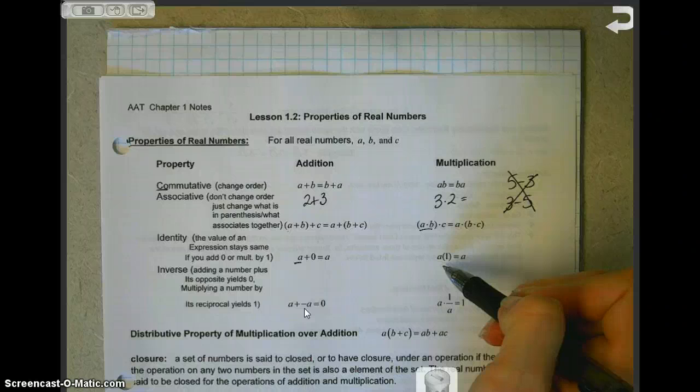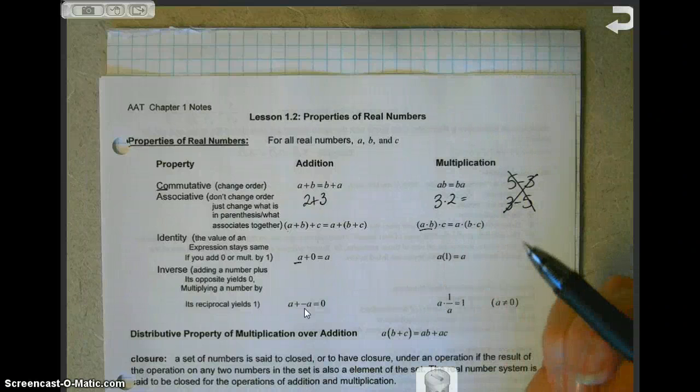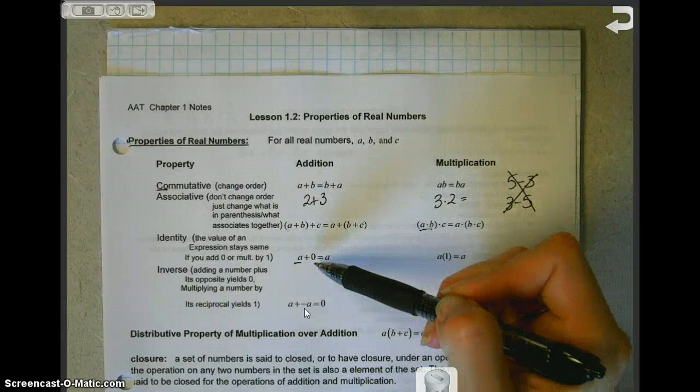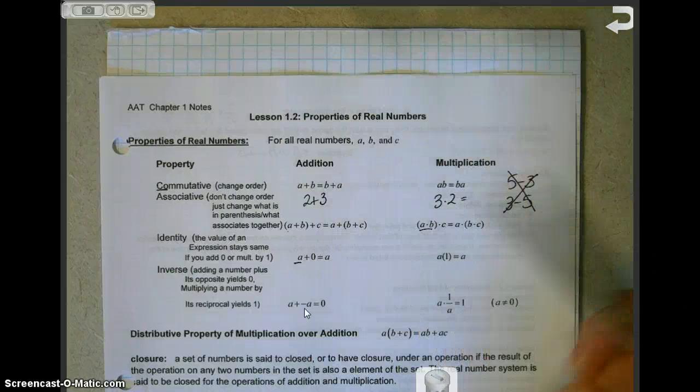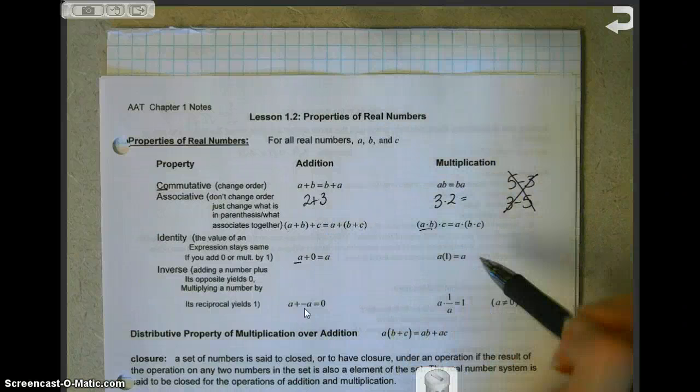So how can a number keep the same identity? You can keep it by adding 0, that's the additive identity, or you can multiply by 1. 1 is the multiplicative identity. Those are two ways that a number or a variable can retain its same identity: by adding 0, additive identity, or multiplying by 1.